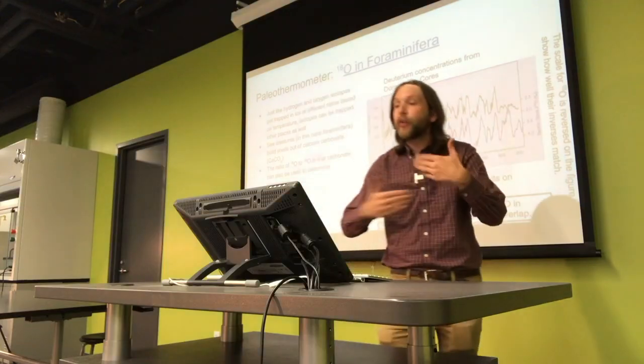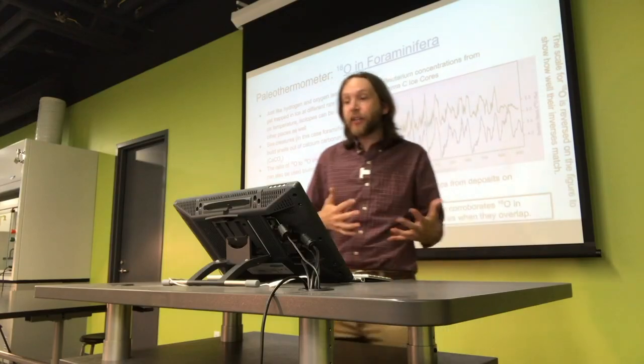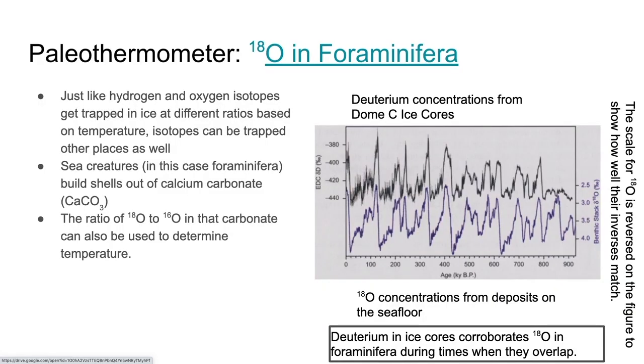And of course, they're going to be inverted because if you have extra oxygen 18 in ice, you will have less of it in the sea because it's the same oxygen, it's just in different places. And because our ice only goes so deep, our record in the ice only goes back 800,000 years. However, we can go much, much farther back with those sediments on the sea floor.